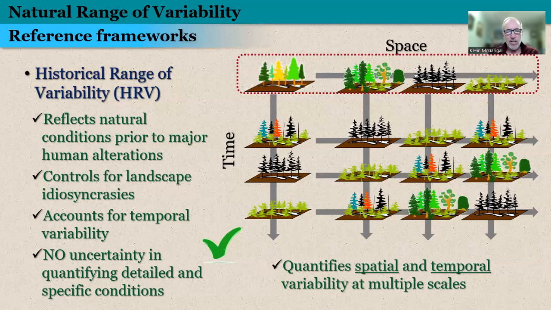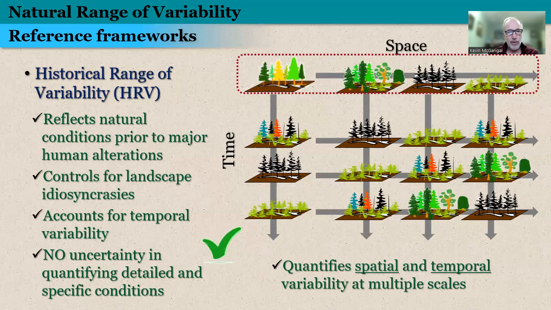Instead, at each scale, we take that site or that landscape and we compare it to itself. So essentially we completely control for any landscape idiosyncrasies that would influence how disturbance and succession interact to create vegetation patterns. Importantly, this approach accounts for temporal variability.